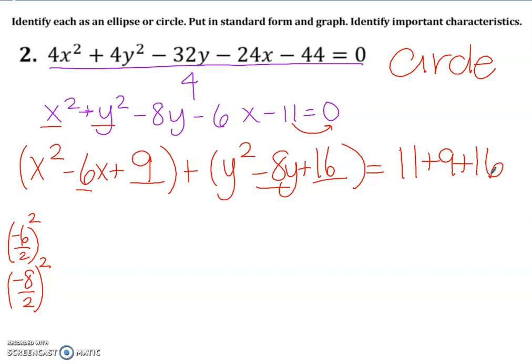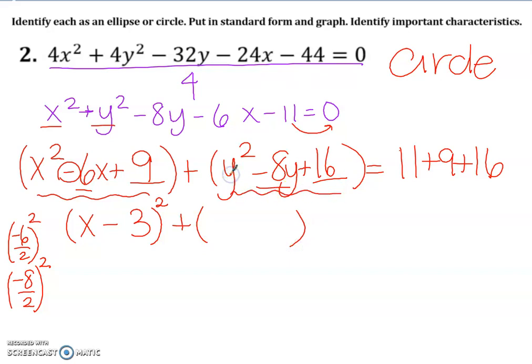Okay, factoring this first trinomial, square root of the first and the last, sign of the middle number, and then, of course, don't forget the square. This trinomial, when I factor that, y squared square rooted is y, square root of 16 is 4, sign of the middle number.